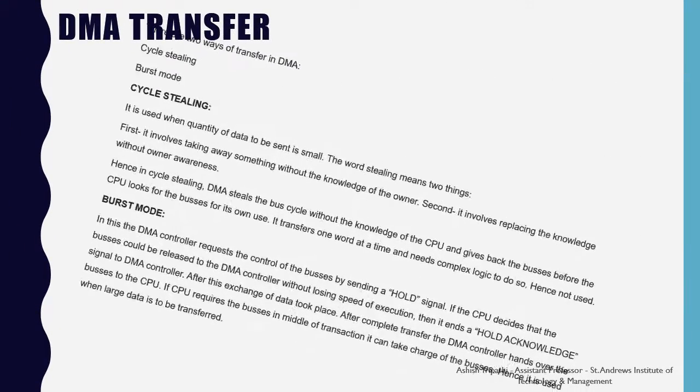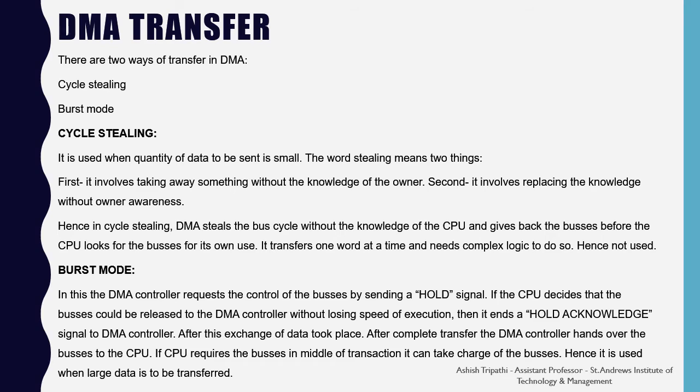DMA transfer. There are two ways to transfer in the DMA. One is cycle stealing and the other is burst mode. Cycle stealing is used when the quantity of data to be sent is small. The word stealing means two things. First, it involves taking away something without the knowledge of the owner, and second, it involves replacing it without the owner's awareness.